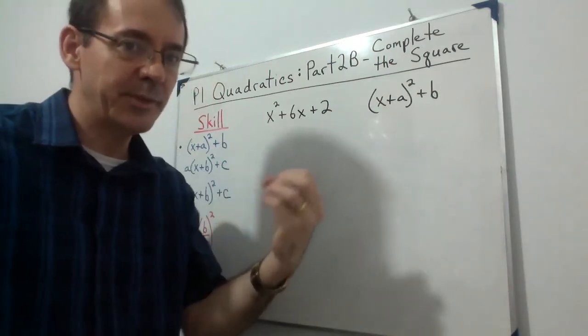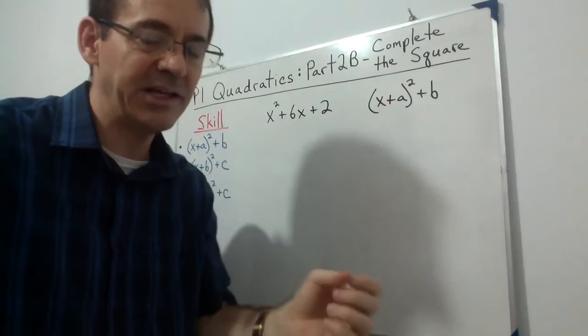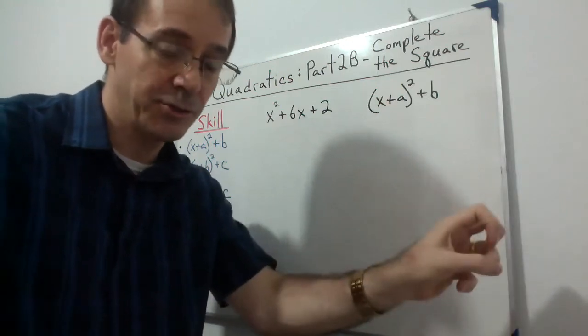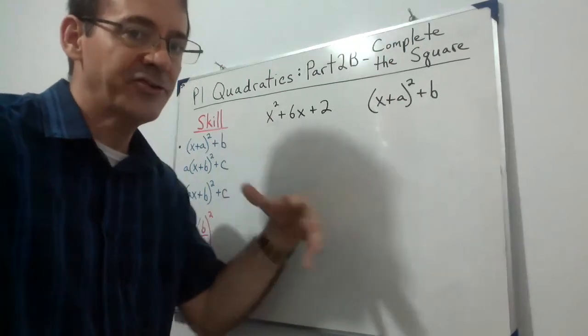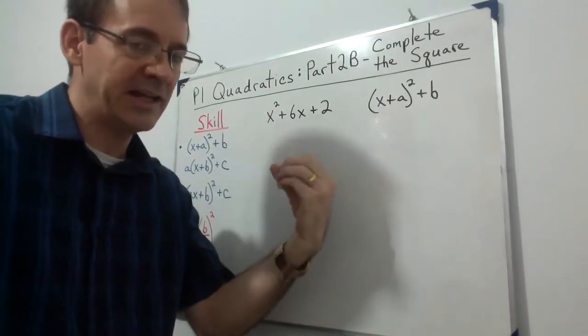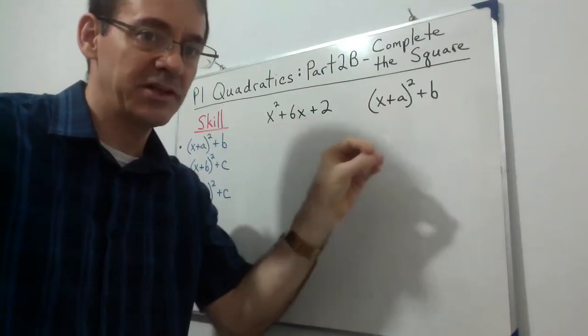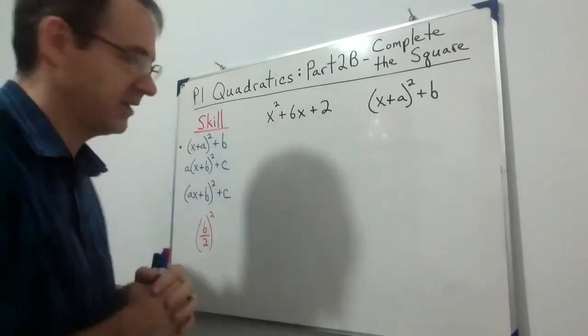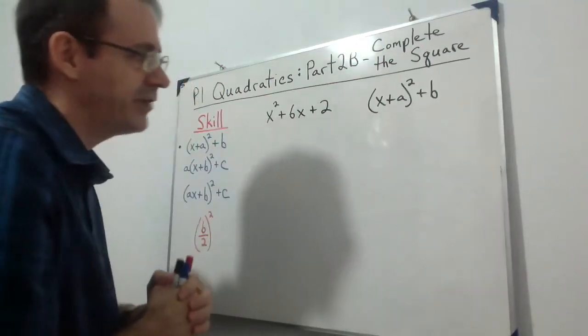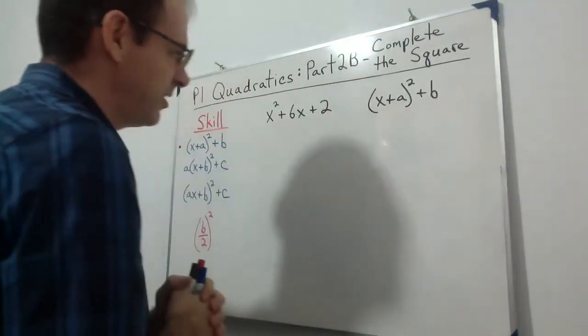You'll need to determine by the context and the application that that's what you need to do. So it's really important that you understand the skill, and also as we move along that you also understand when this skill is used in which particular applications. Okay, so enough of that. Let's get started. Here is our first quadratic, and here is the form they give it to us.